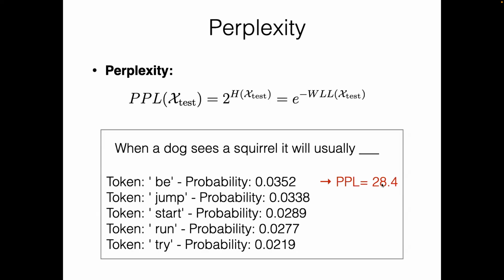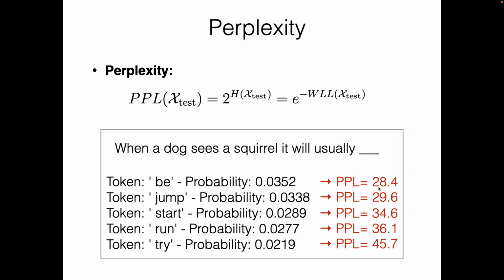It'll be positive, and the interpretation is that perplexity is, on average, how many times you need to draw a sample in order to get this token. Here, lower perplexity will be better.